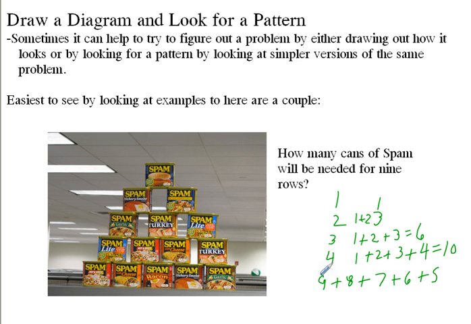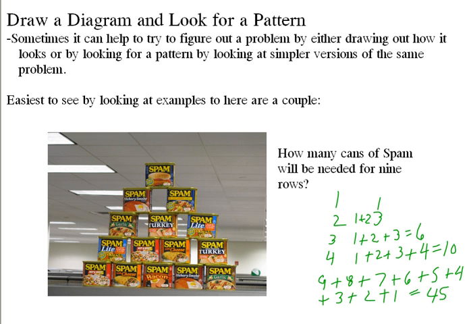And then we already got the rest of the problem done because we got it for 4 rows. So it would just be plus 4 plus 3 plus 2 plus 1. And that, if you add it all up, should be equal to a grand total of 45 cans of Spam.